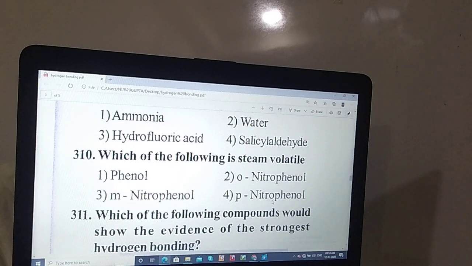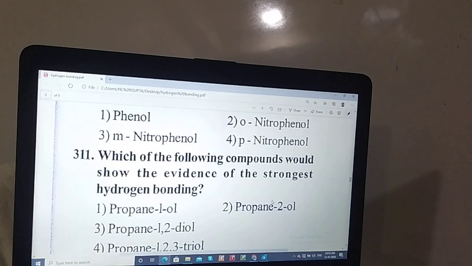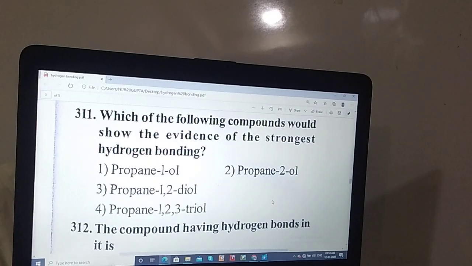Now move on to question number 311. Which of the following compounds would show the evidence of the strongest hydrogen bonding? Propan-1-ol, propan-2-ol, propane-1,2-diol, and propane-1,2,3-triol. The more oxygen atoms, the more hydrogen bonding.